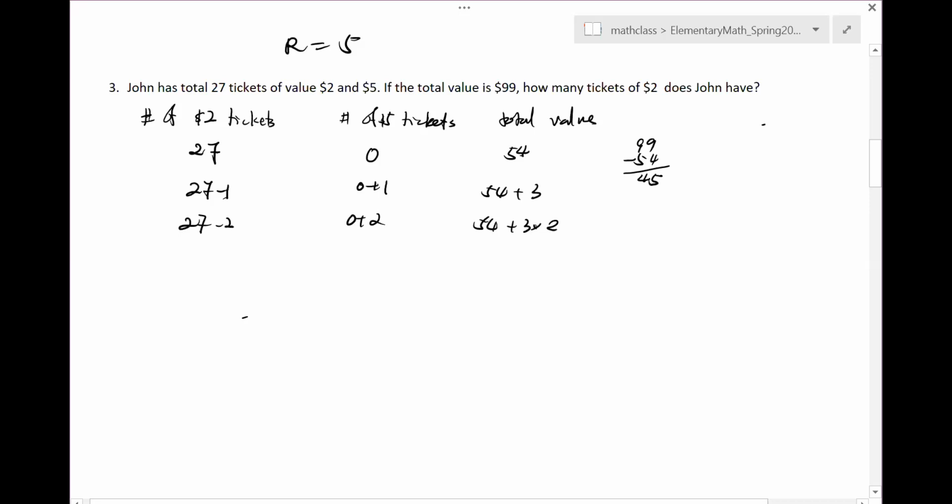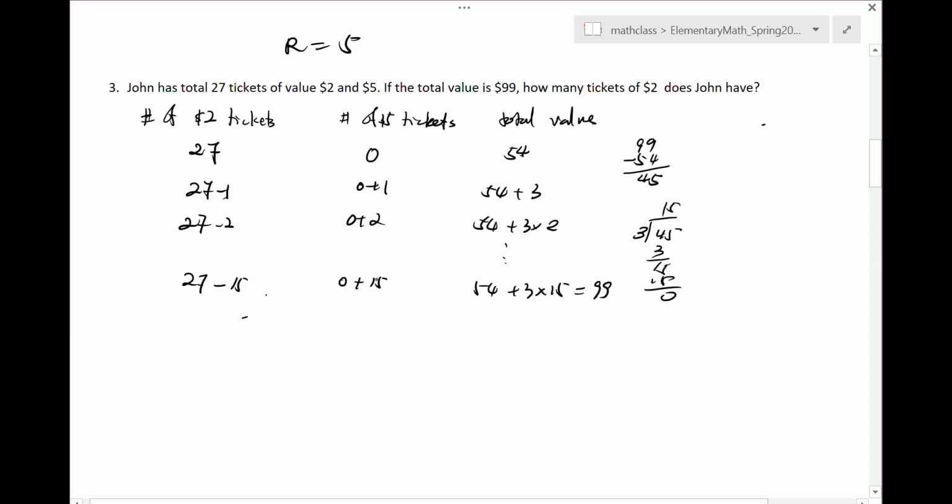So in order to get 45 more dollars, you have to figure out 45 divided by 3. It's going to be 15, right? So you have the 45 here, 3 times 15, then you get 99, okay? So that's why 27 minus 15, 0 plus 15, okay?